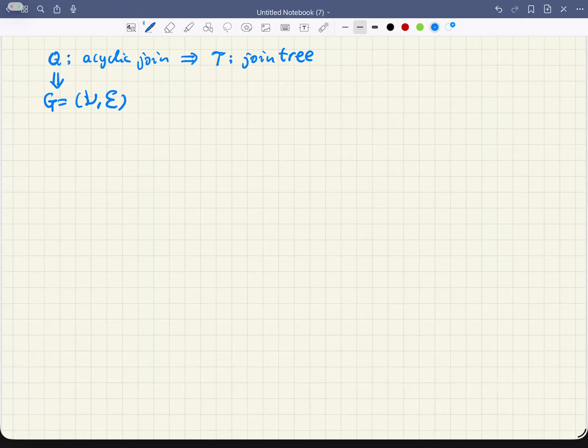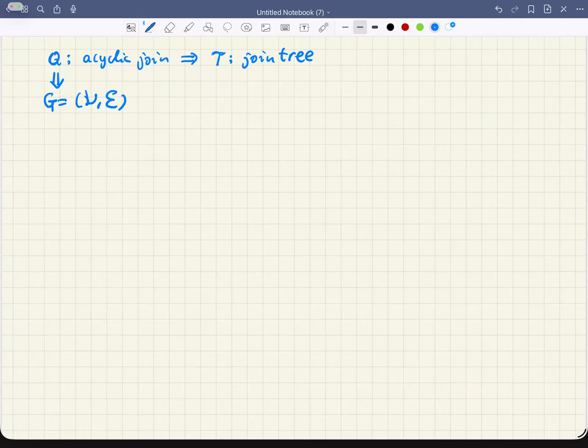So I'll use the term attribute to refer to each vertex in V, and a hyperedge is essentially just a set of attributes. Today I'm not going to repeat the whole notational system again. I did it twice already. So this G must be acyclic, because Q has been named an acyclic join. So this T will have to exist.